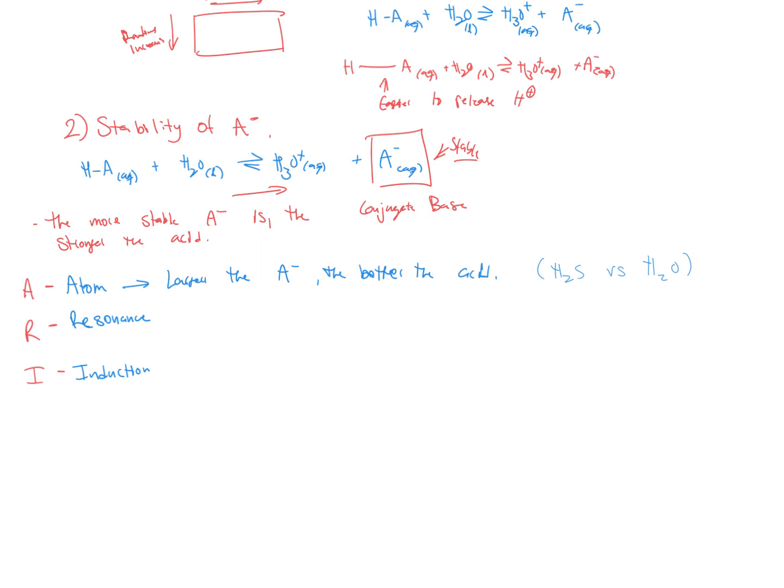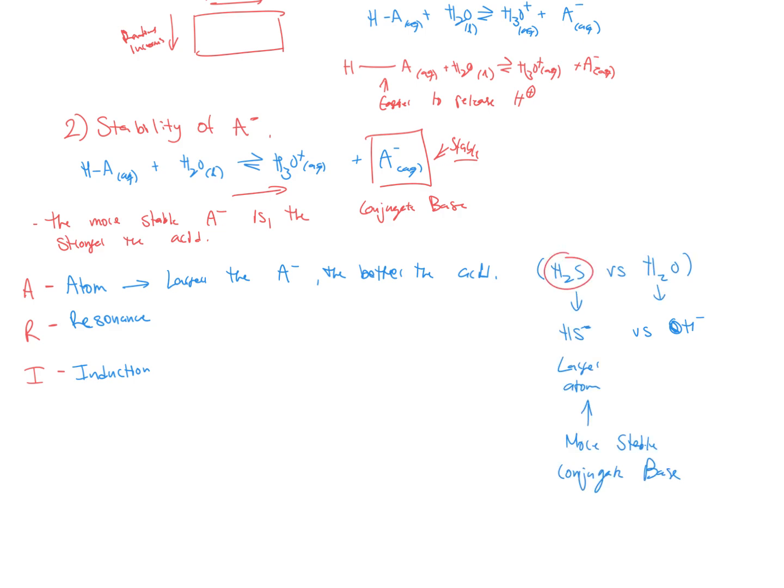If we look at our periodic table, O is directly above S. S is a larger atom, and so if we look at our conjugate bases here, HS- versus OH-, because this is a larger atom, it's the more stable conjugate base. Therefore, because it's a more stable conjugate base, it is a stronger acid.